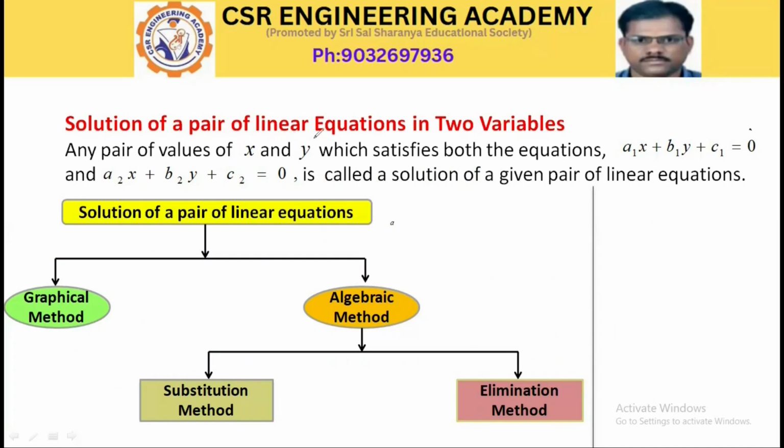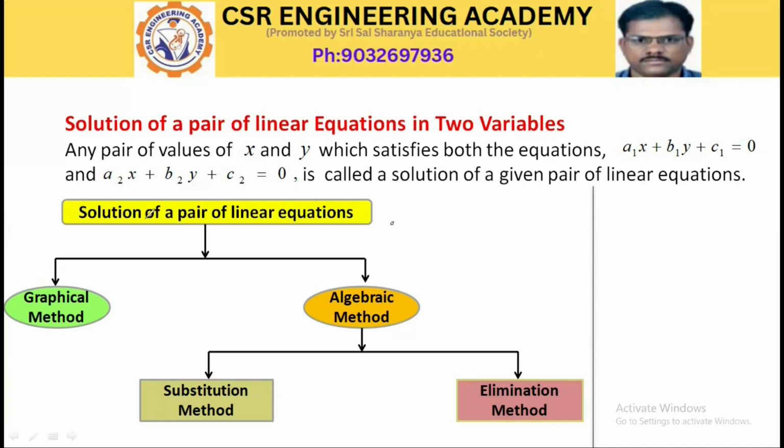Solution of a pair of linear equations in two variables. Any pair of values of x and y which satisfies both the equations a1x + b1y + c1 = 0 and a2x + b2y + c2 = 0 is called a solution of the given pair of linear equations.